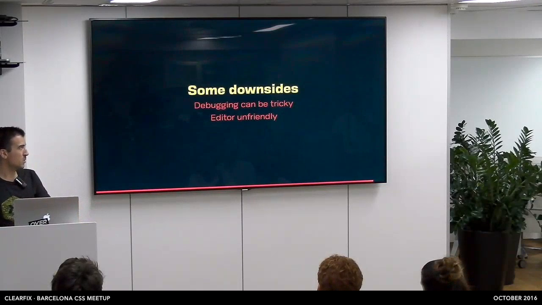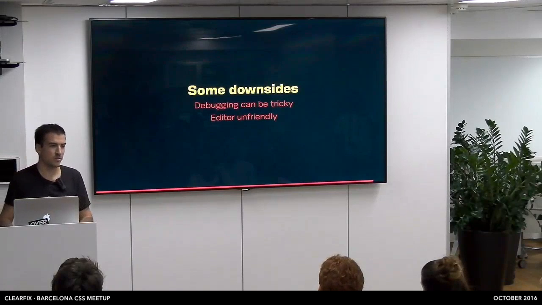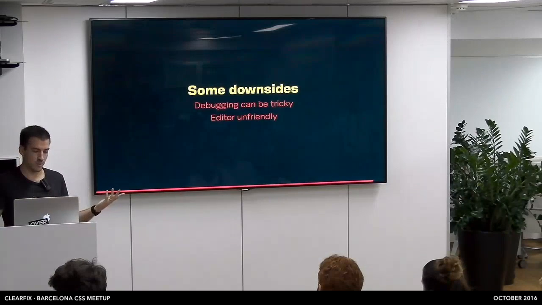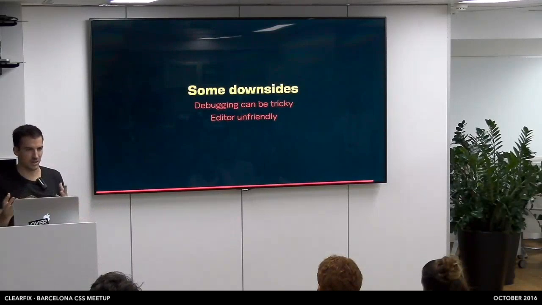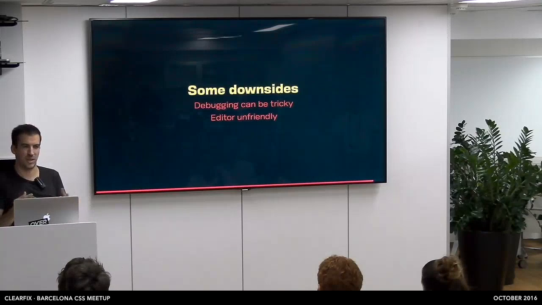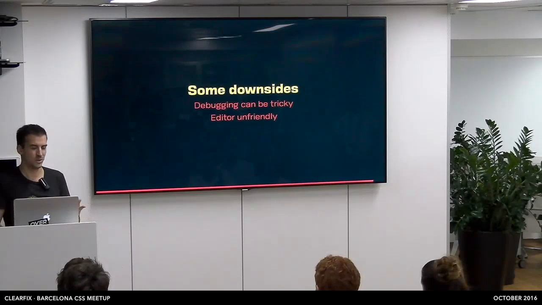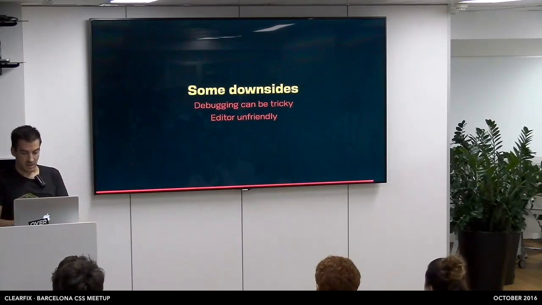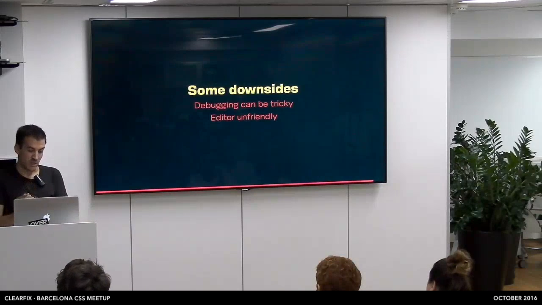And it's also not so friendly with editors. It's now in the works for Sublime Text, and Atom already has syntax highlighting, but if you use packages like Emmet or something like that to write styles fast, I still have to hack it a little to see if I can get it working. But I would definitely recommend you try it out and decide for yourself.